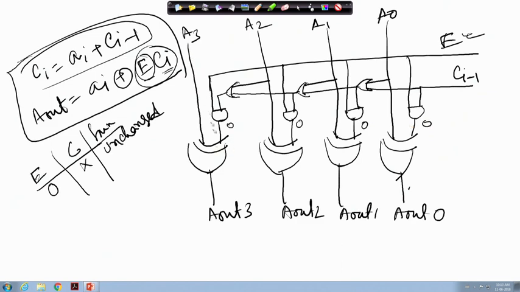That means, in an XOR gate we know that if any of the inputs is 0, at that time the output is nothing but the other input, right. So, that means here if it is 0, at that time A 3 will directly come to the A out 3. Why? Because what is the expression for an XOR gate? Expression for XOR gate is A B bar plus A bar B, correct.